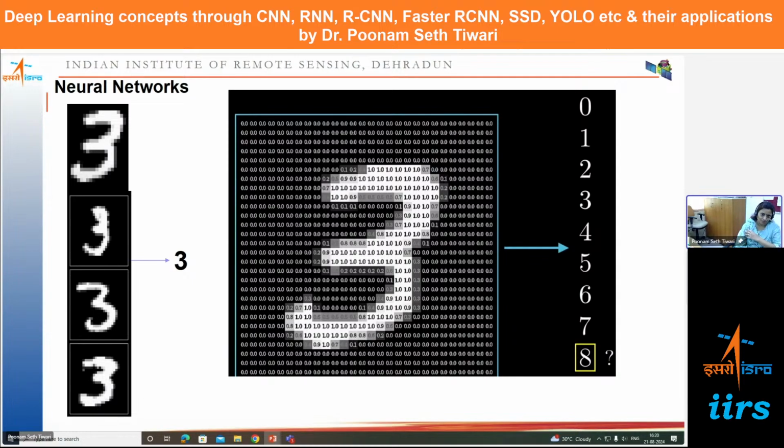Now, if you look at the image of any of these numbers, you will see that the black portion means no data, zero value. And where it is written, it is value 1.